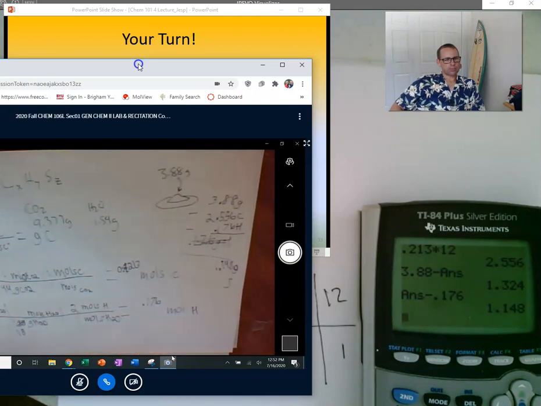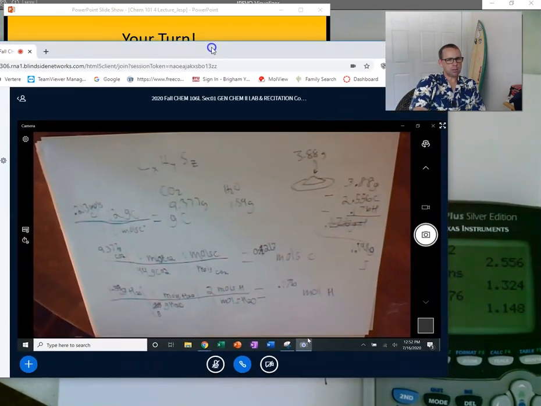Of sulfur. Very good. Now, can I use that 1.148 on my Z? Yes. Oh, be careful. That Z is not supposed to be grams. It's supposed to be what? Moles. Yeah. So on the very bottom of the page, convert that grams to moles.